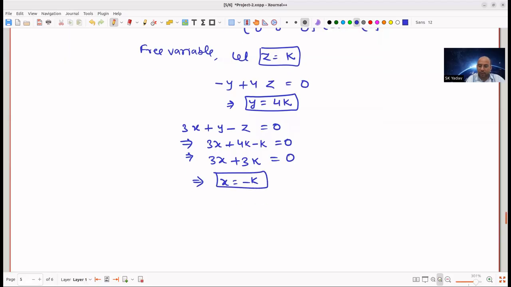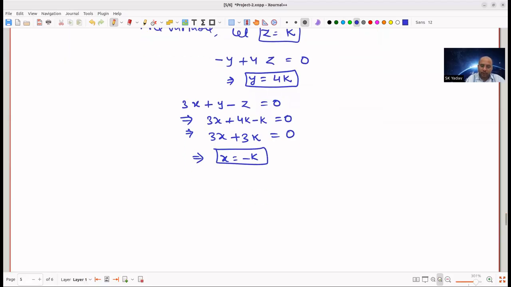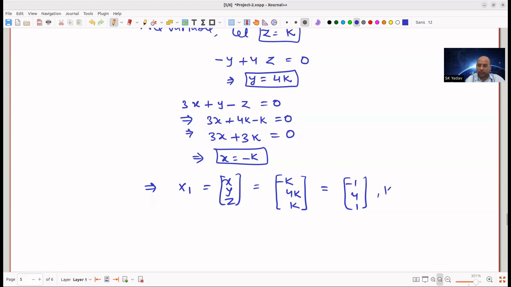And this means what is the vector here now? X1 is x, y, z, and this is equal to minus k, 4k, and k. For simplicity, you can write minus 1, 4, 1 for k equal to 1.